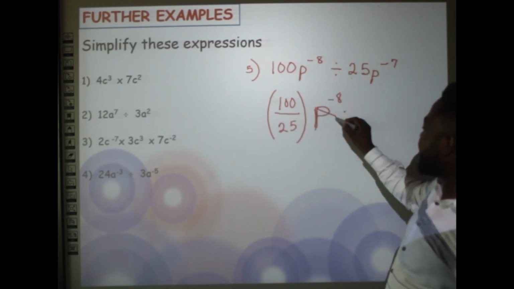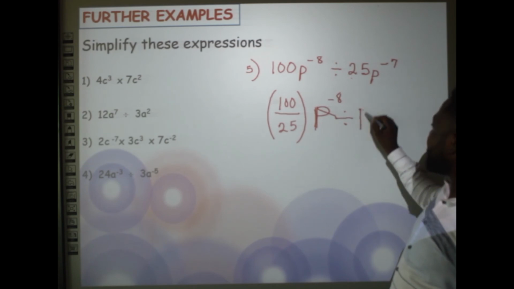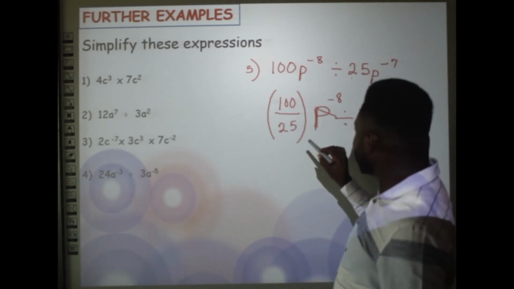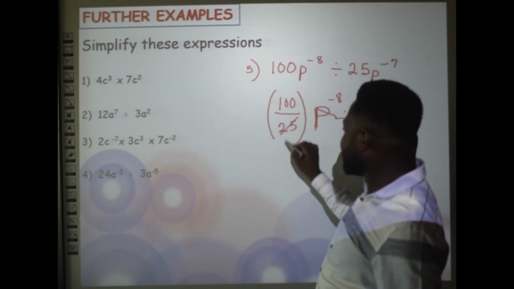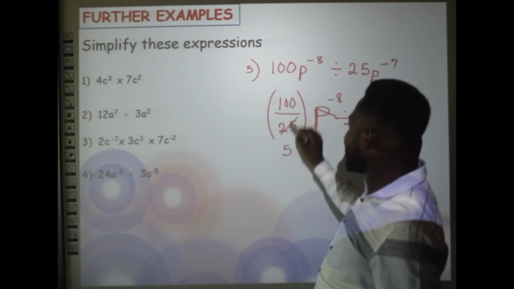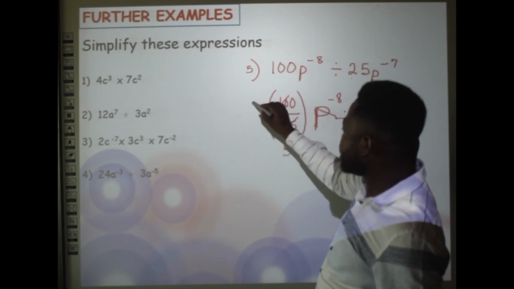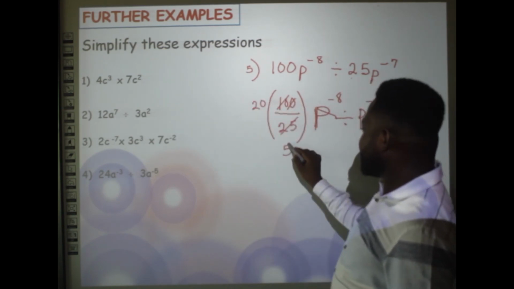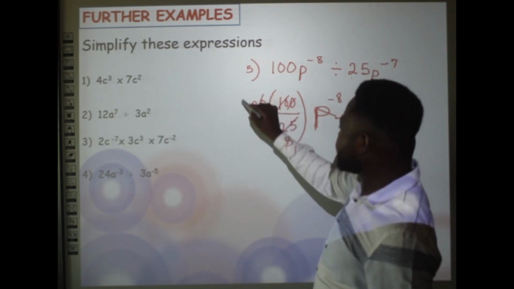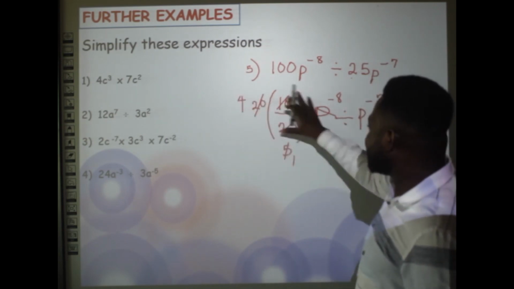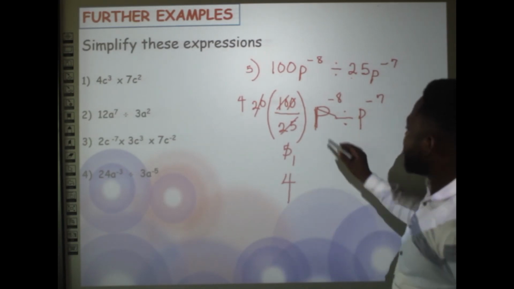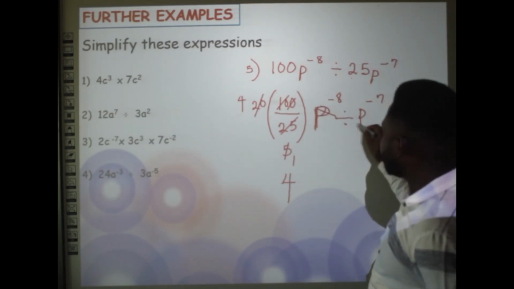Now divide by p raised to the power minus 7. So now let's reduce this. 5 here, 5. 5 and 10 is 2. In 0 will give you 0. 5 here, 1. 5 and 20 will give you 4. So all these in the bracket will give you what? 4. Now, what we have here is p and p, right?